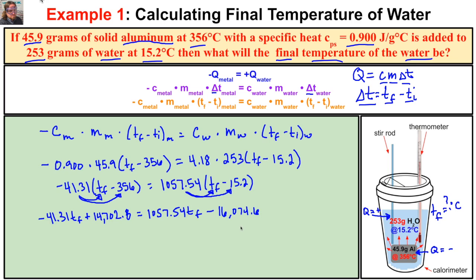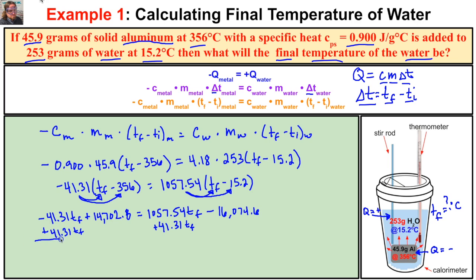And so what we can do now is begin to combine like terms. It looks like we can add 41.31 T final here to this side. What we do to this side, we have to do to the other side. We're going to add 41.31 T final here.